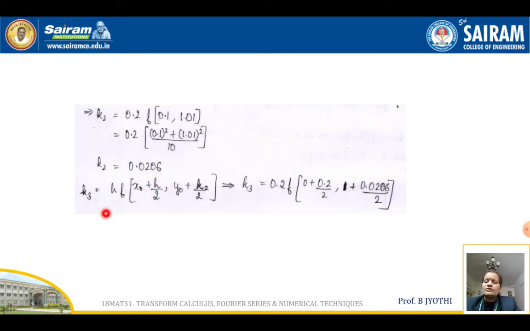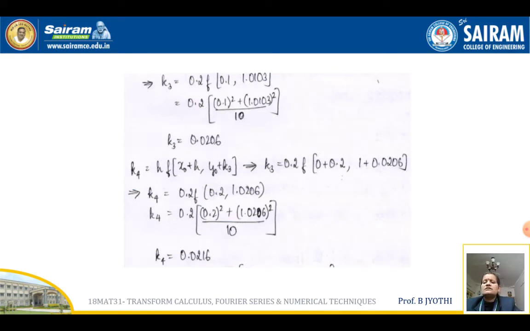Next, let's find k3: h into f of x naught plus h by 2 comma y naught plus k2 by 2, which implies k3 is 0.2 into f of 0 plus 0.2 by 2 comma 1 plus 0.0206 by 2.